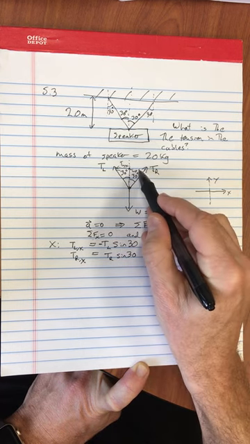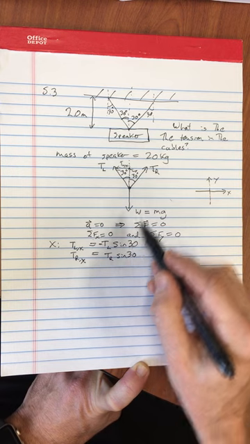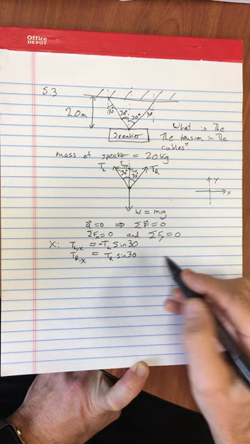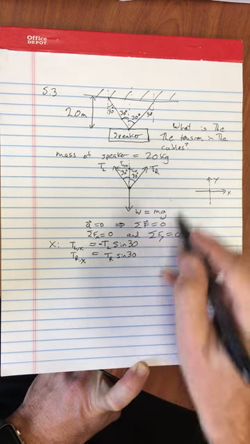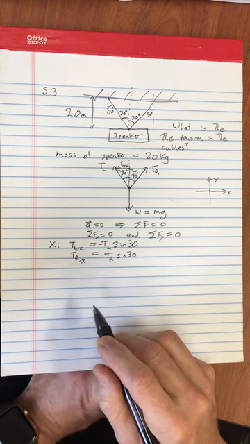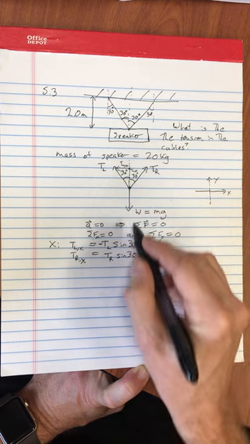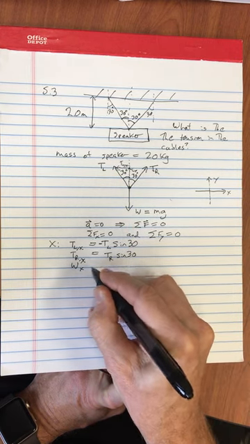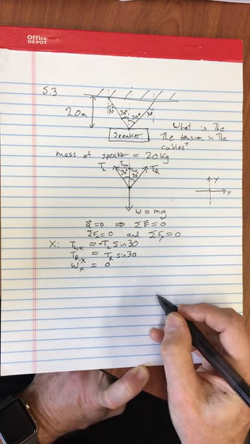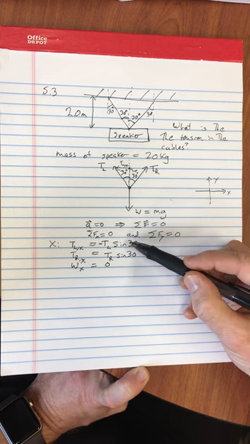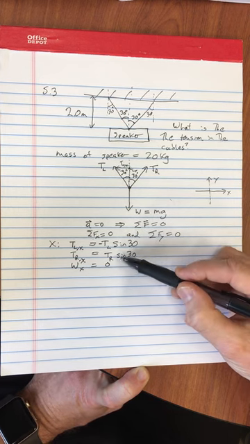It's the same right triangle. The only difference is I've called this TR instead of TL, and this one is pointing to the right, which is the positive direction, so that gets no modifier. And the weight is entirely vertical, so the x component of the weight is 0. So I've now identified the x components of all three force vectors.